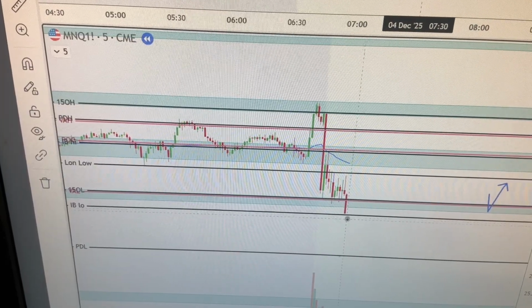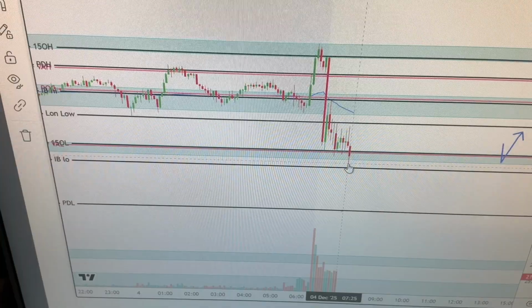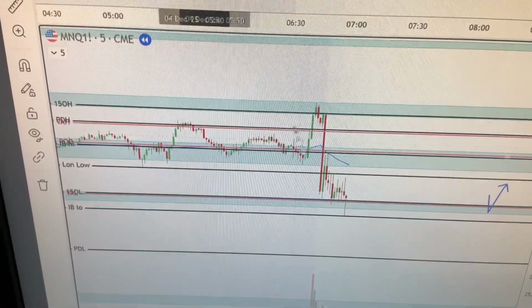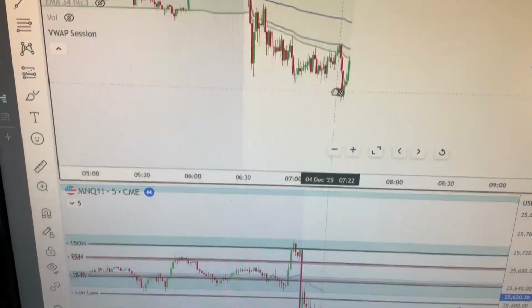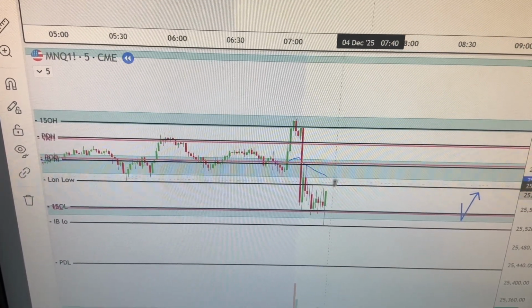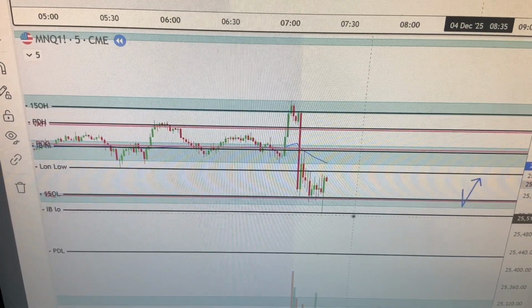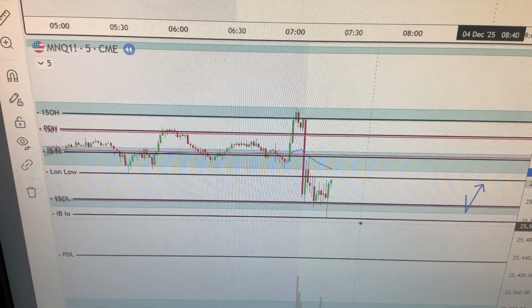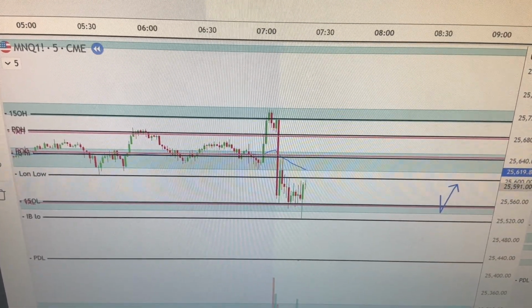So now we just made the initial balance, and that's the 7:30 candle right there on the 1 minute. We made it like this. And what's gonna happen is it's gonna come up, and then it's gonna come for an auction. And it's actually gonna be a failed auction, as we'll see.